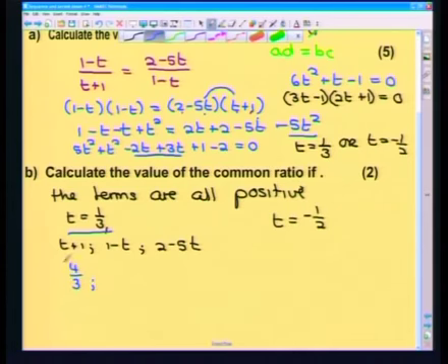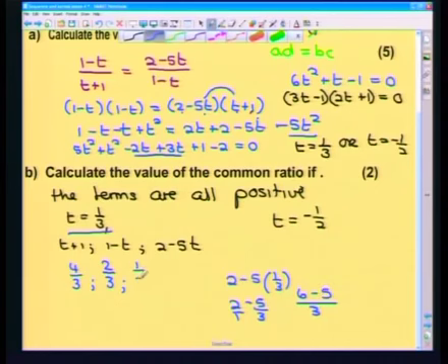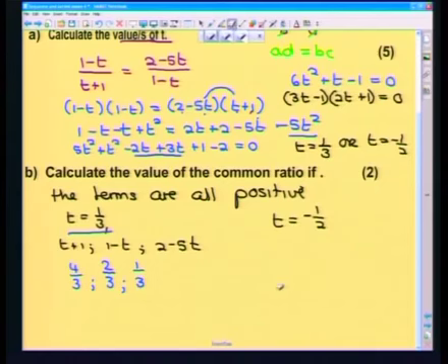It's always easier to work with fractions that are top-heavy because they're easier to follow when you're subtracting and that. Now it's 1 minus 1/3, which will give me 2/3. And this one is going to be 2 minus 5 times 1/3, which is 2 minus 5/3. And if we put that over a common denominator, it's going to be 6 minus 5, which is going to be 1/3. Now, if we look at this, do you agree with me that all the terms are positive?